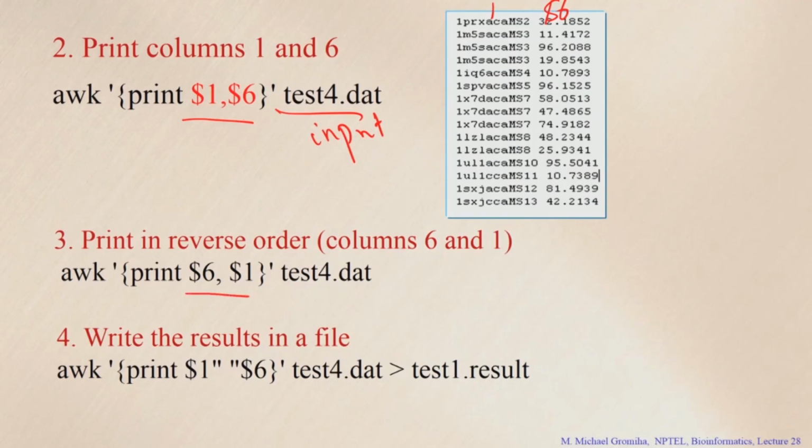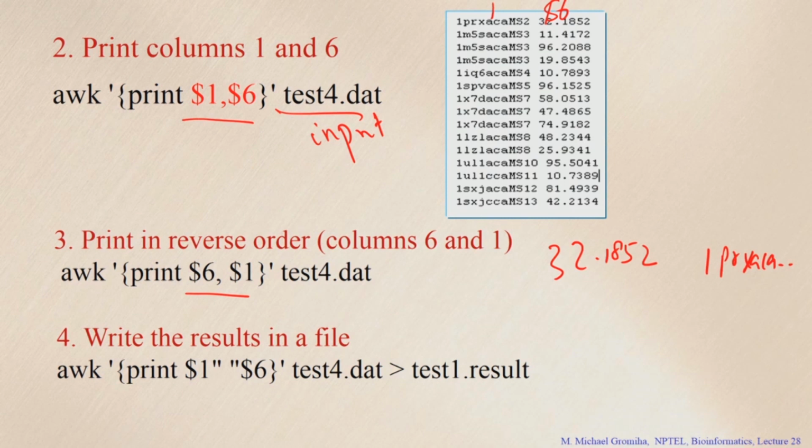If you ask for the first column, it will write the first column, then the 6th column. If you want to write several columns, whatever order you give, accordingly it will write. If you write 6 and 1, the result will be like this: 32.1852, then 1 PRXACA, like this.